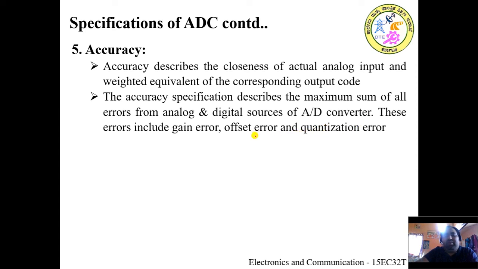So the sum of all these errors will give you the accuracy. If I say the result is more accurate, it means the error value will be very minimal. Basically it describes the sum of all the errors from analog and digital sources.